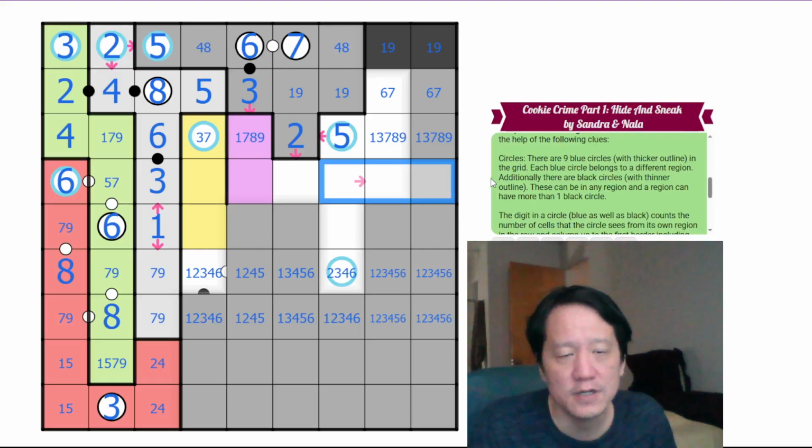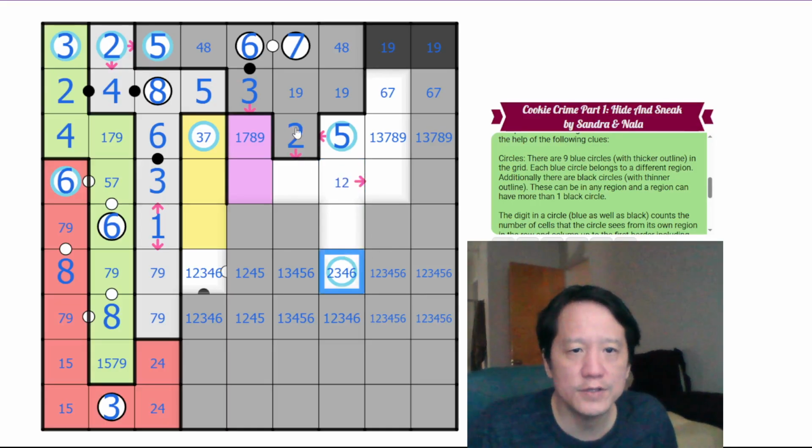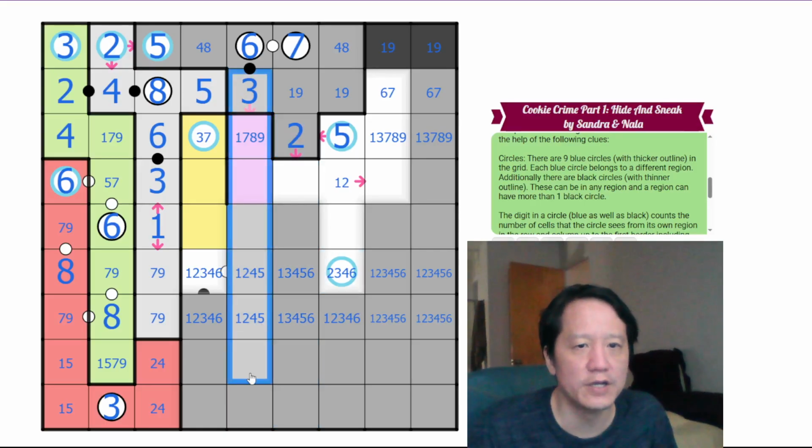This sees either 1 boundary or 2. We're not sure which. This sees 5 boundaries. This sees 2 boundaries. This sees 3. Okay.